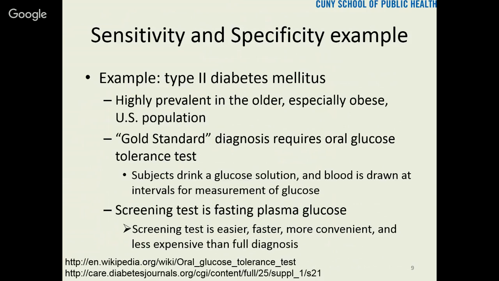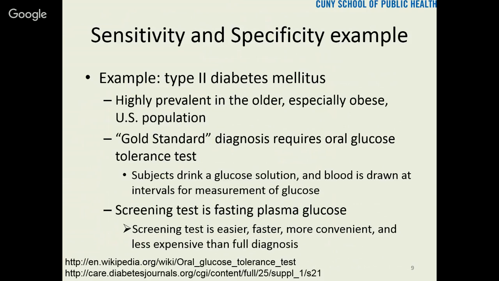The screening test is fasting plasma glucose, so you don't know how much sugar or what the person's normal level of glucose is. You don't know how it's being affected by them just sort of in their background.